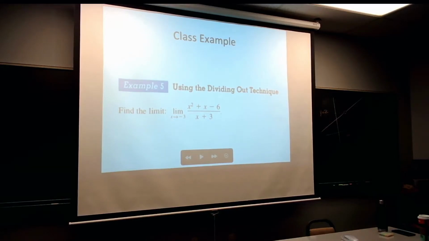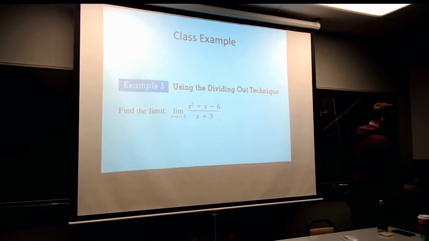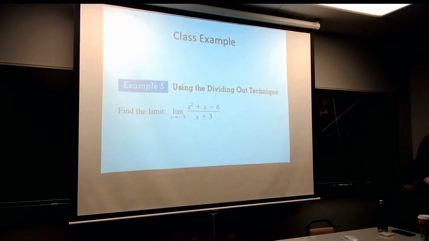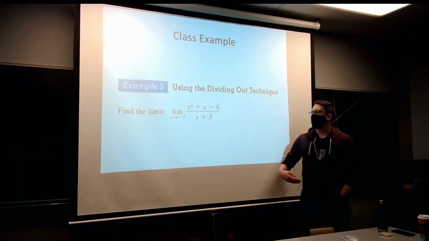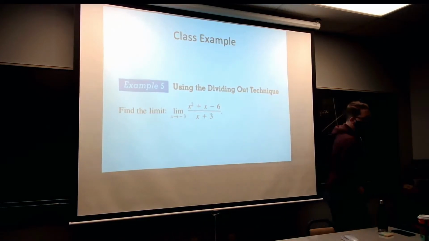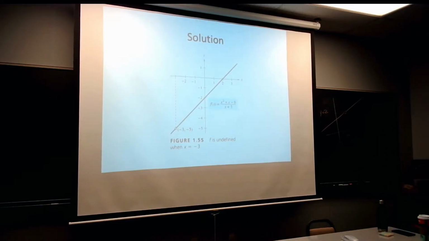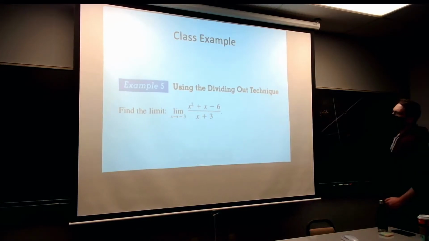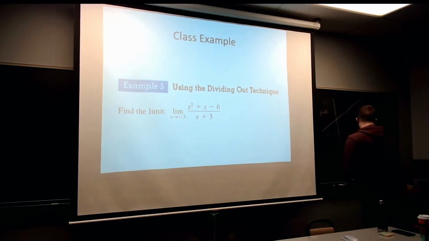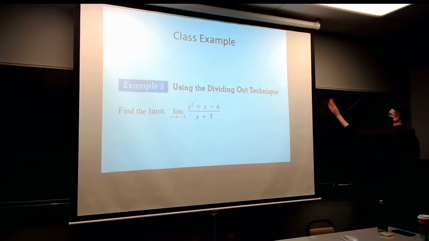Having said that, another similar problem, right? This one might be more obvious for how to factor out. When we factor this out, it's going to look something like this.